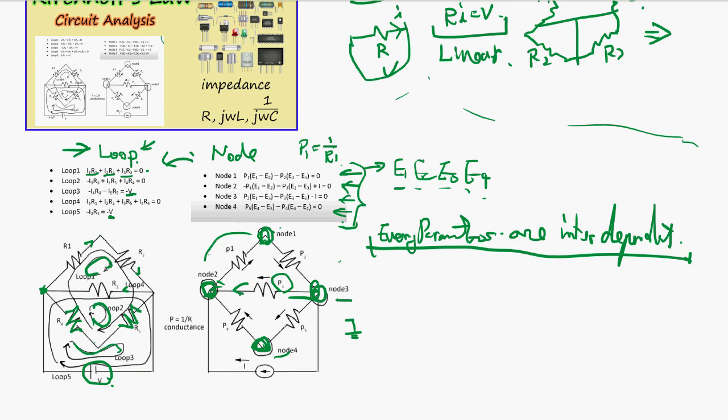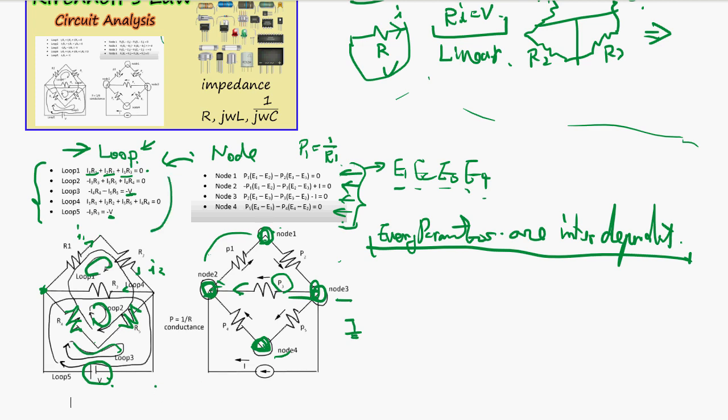Okay, same way you make linear equations and solve for the I. So if you know the I here and I2, after you solve this equation, then you know everything about the circuit. So there are two ways to solve the circuit.